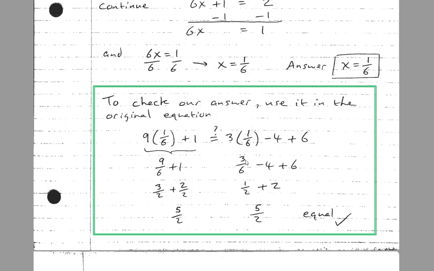And on this side, we got 3 over 6, that's the same as 1 over 2. This is the same as 2. So we also get 5 over 2. So this answer does work.